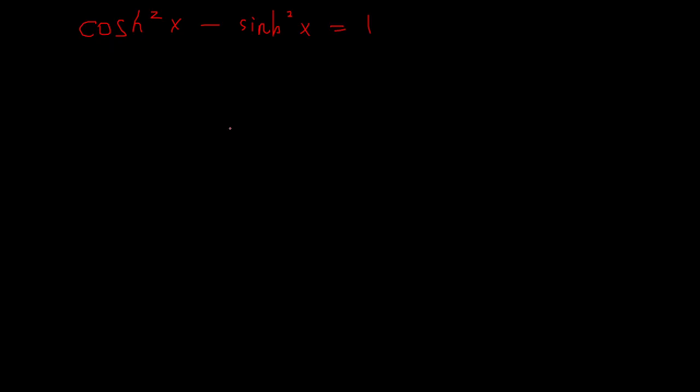Now our next identity that we can go with is 1 plus tan squared theta equals secant squared theta. Now let's evaluate this. Let's just take this side for once. 1 plus tan squared theta, well, let's write this in terms of hyperbolics first.